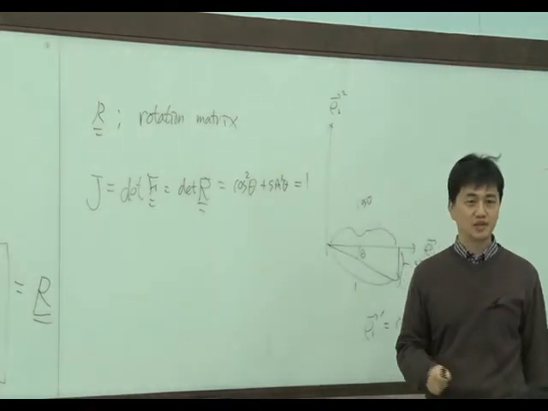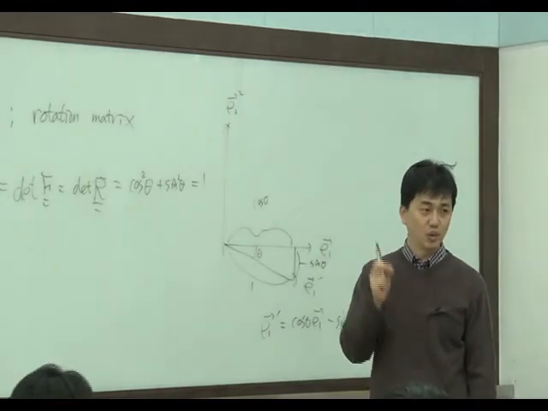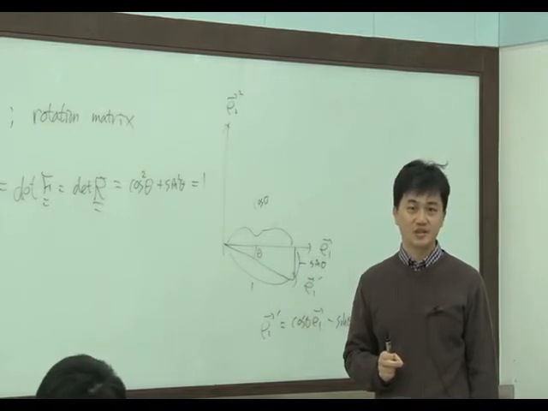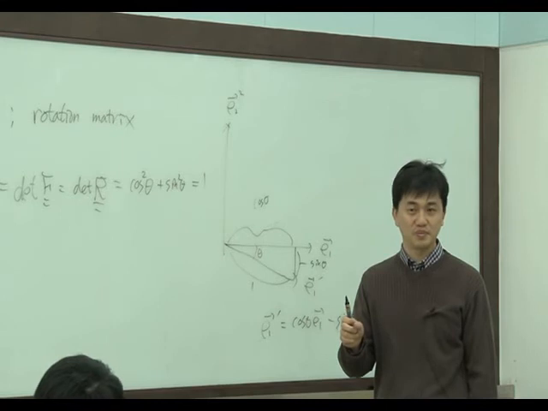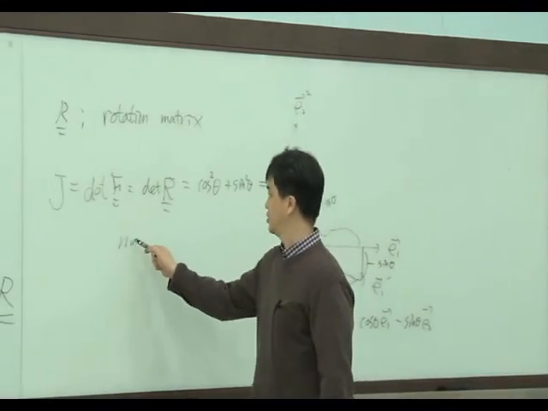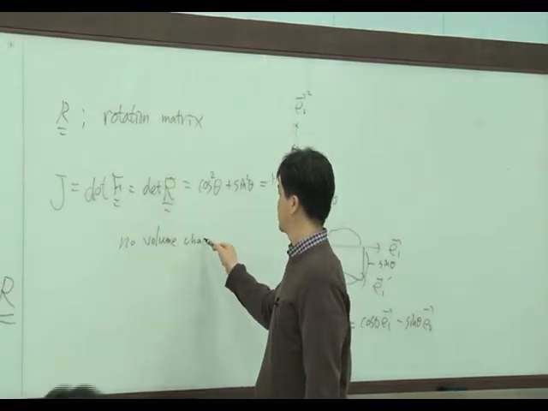So J equals 1 during the rigid body rotation. It means there is no volume change. Okay, volume is the same.